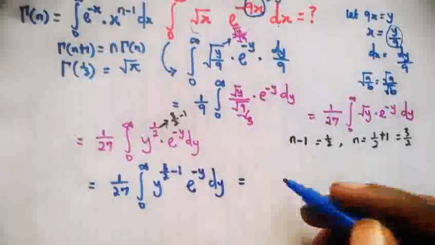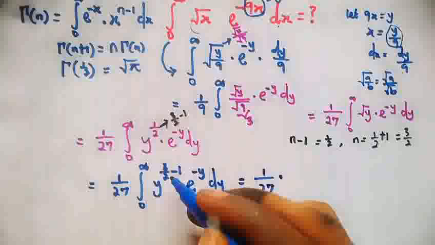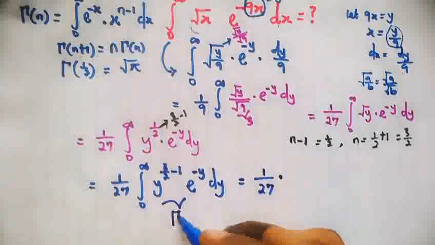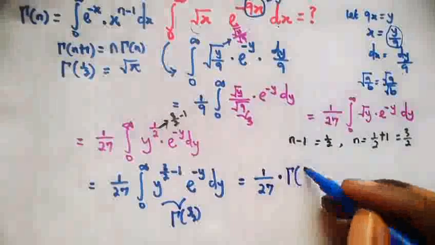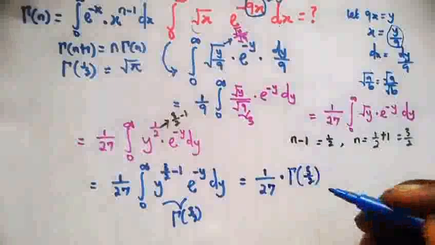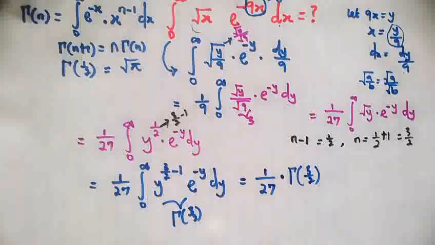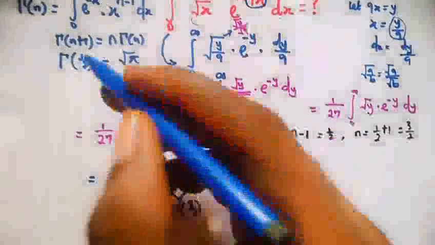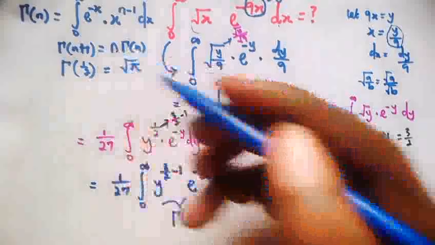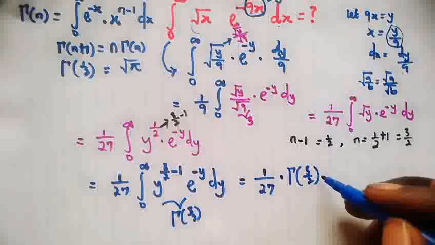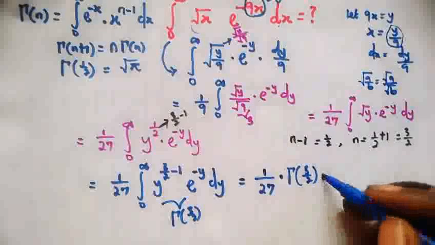And this is equal to 1 over 27 times the gamma of 3 over 2. Now, how can we evaluate the gamma of 3 over 2? Since we know, as stated above, that the gamma of n plus 1 is equal to n times gamma of n, and we know that 3 over 2 can be rewritten as 1 over 2 plus 1, let's rewrite it.